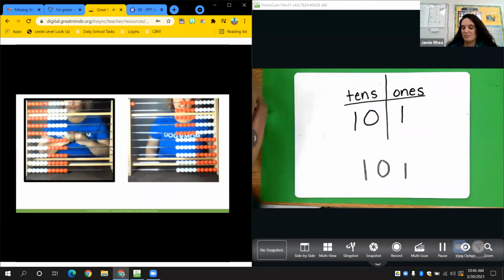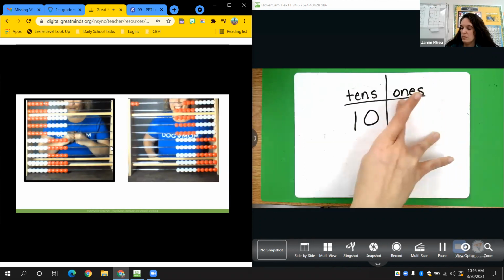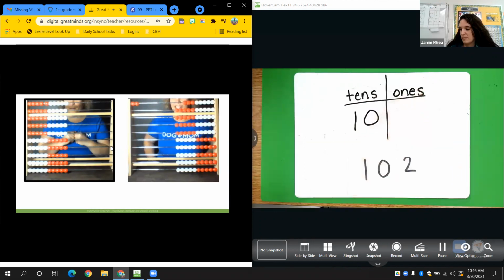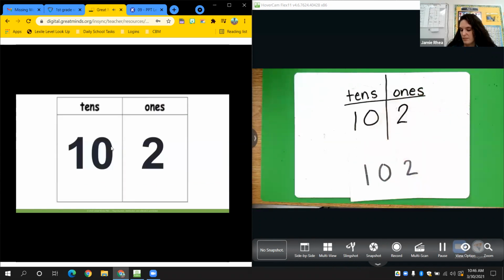We had 10 tens and then 10 tens 1. Next, we would have 10 tens 2. Let's change our place value chart to record the tens and ones.